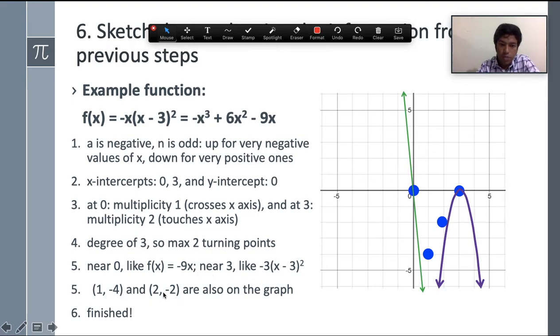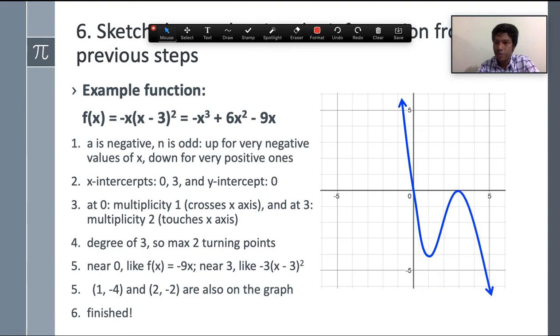Then 1 comma minus 4 and 2 comma minus 2 are also on the graph; we calculated just these 2 points. If we combine everything here, our graph will be like this. This is the actual graph, the final graph. This is what we wanted to draw this whole time.